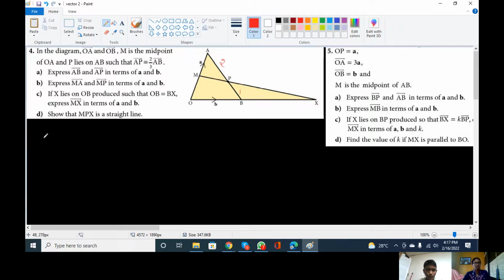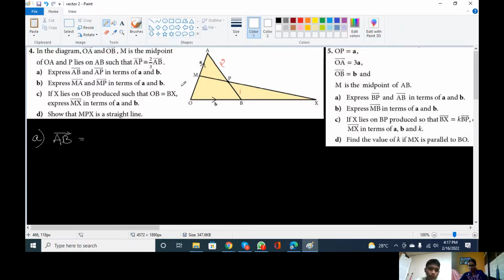First we'll do that. First, vector AB, A to B. We don't know what these things are, so let's go this way.